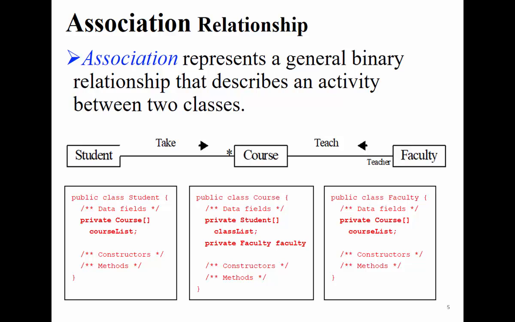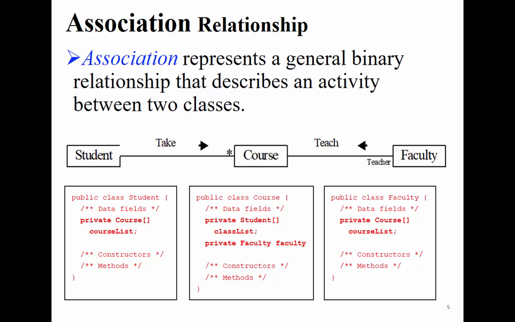Now, how can I implement the relation from the faculty class? I can include a private array of courses where I store the courses that the professor teaches. So this is what we call an association relation.